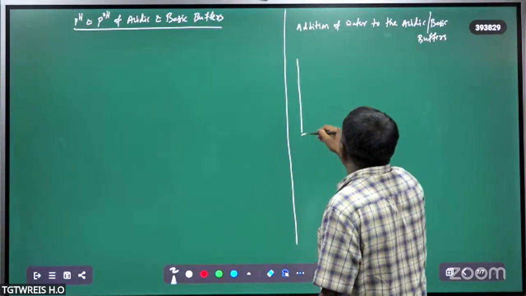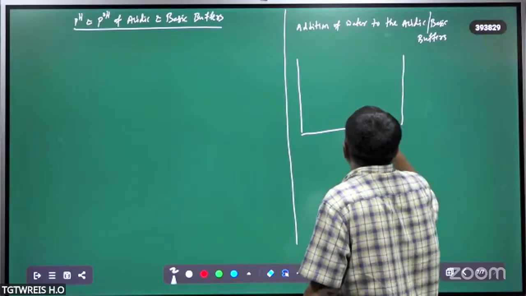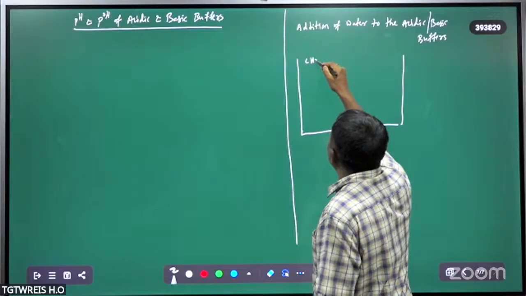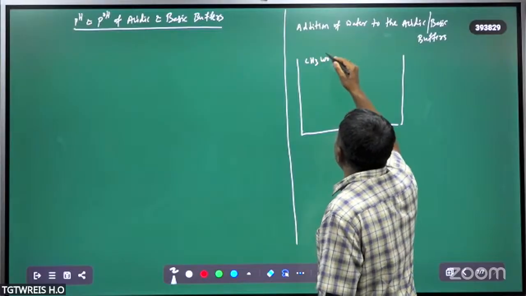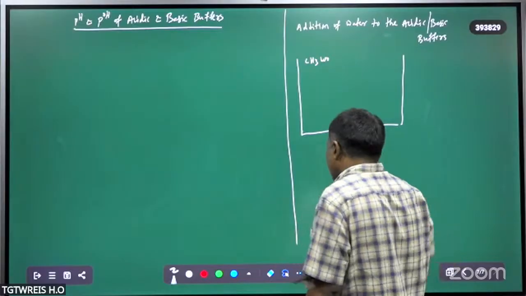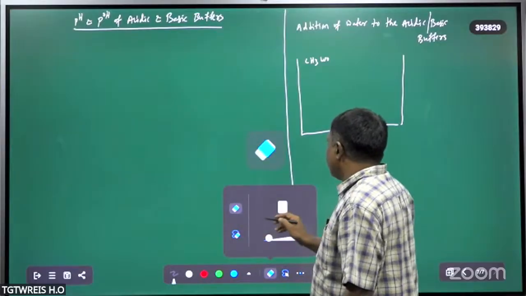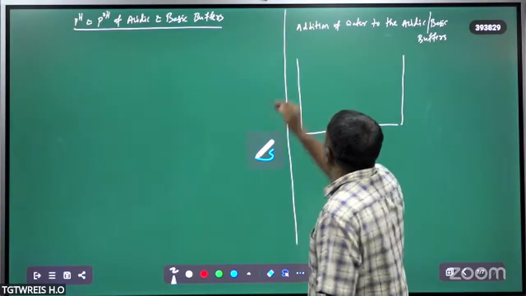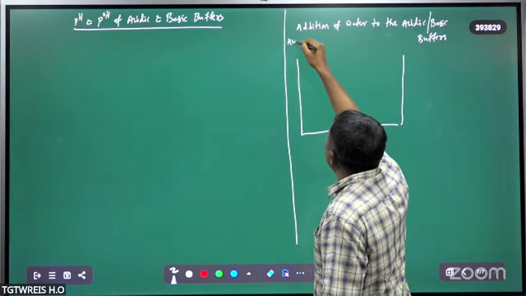this one container. In this you take the acidic buffer. So what is an acidic buffer?